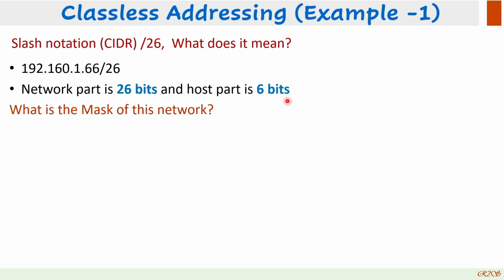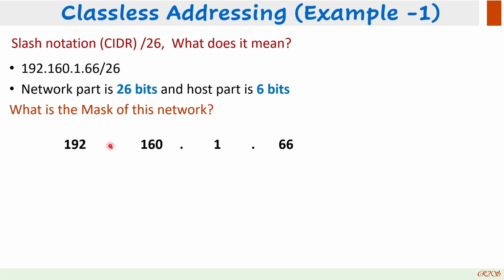Previously we knew the default masks: class A 255.0.0.0, class C 255.255.255.0. But now the default mask will not work anymore, right? Because any number could be the network address, so we need to know the mask of this network.